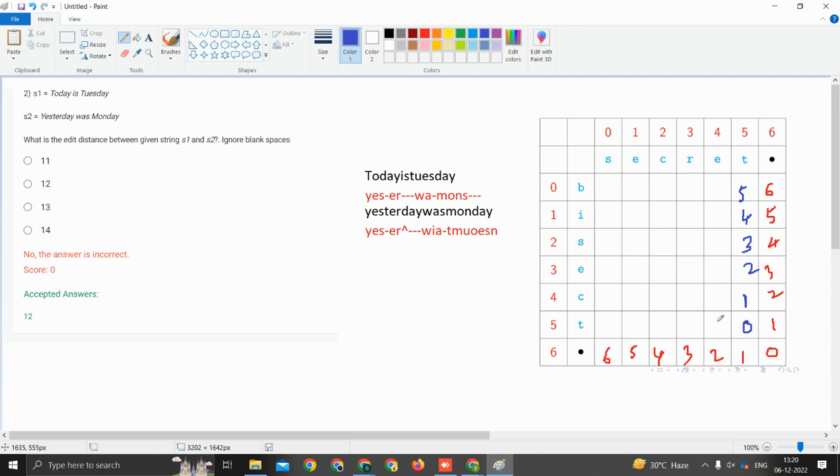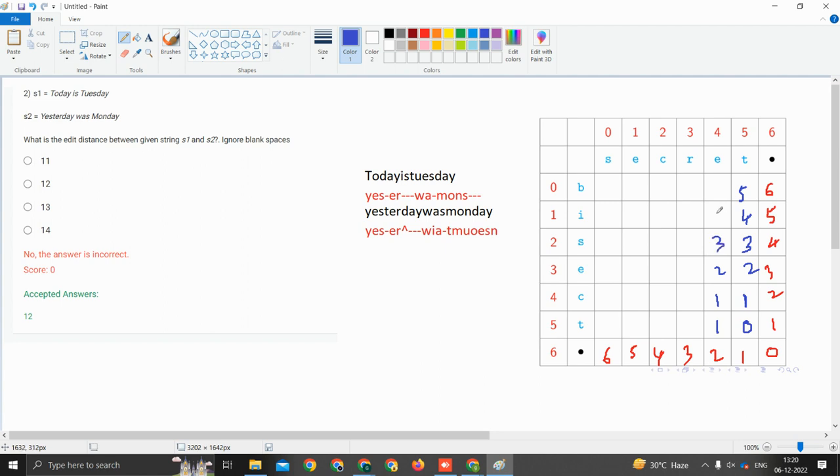T and E don't match. So it's the minimum of the three. Sorry, 0 is the minimum one, I was taking 1. So it is still 1.